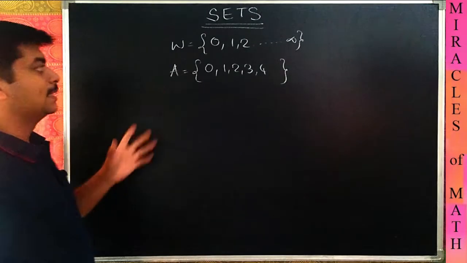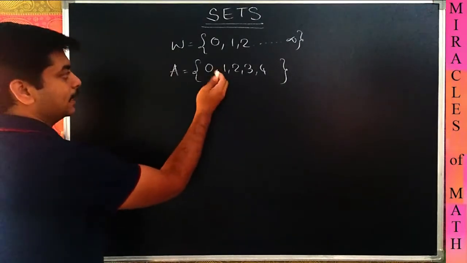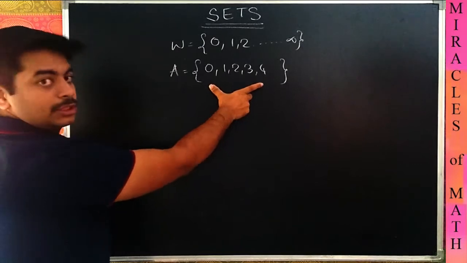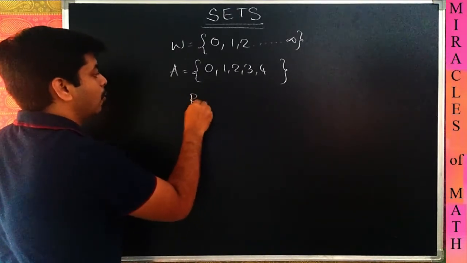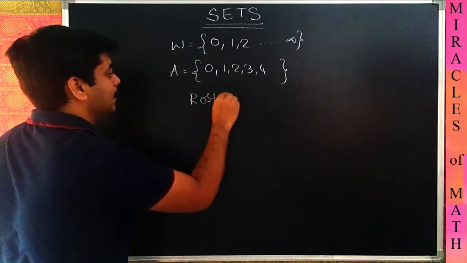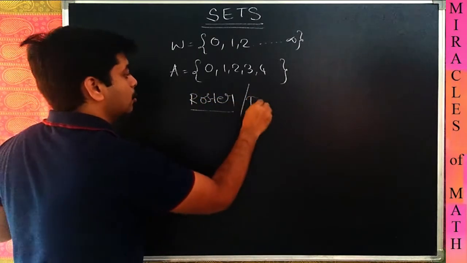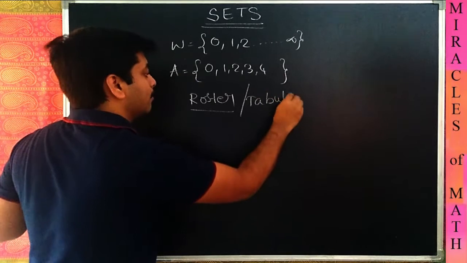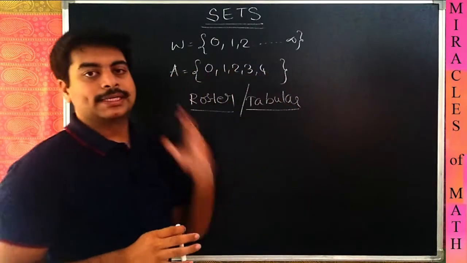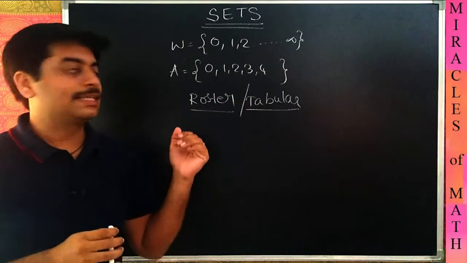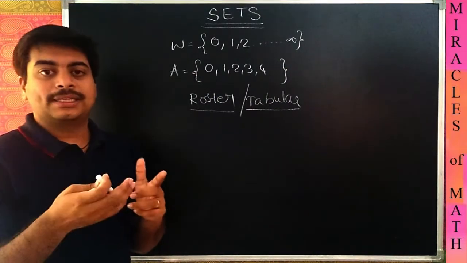Whenever we see this type of representation, we call it roster form, R-O-S-T-E-R, roster form, or it is also called tabular form. That means all the elements are listed inside these flower brackets. Roster form or tabular form. Is there any other representation?